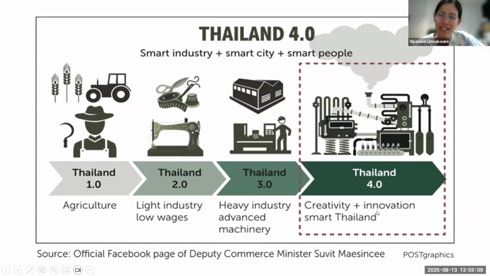Thailand 4.0: creativity, innovation, and smart Thailand. This one also includes smart farming. I know at TMEC, Thai Microelectronics Center, they also have researchers who study and work on smart farming, using the Internet of Things to program the system to measure the soil humidity, and could be the soil pH parameter, acidity and salinity as well.